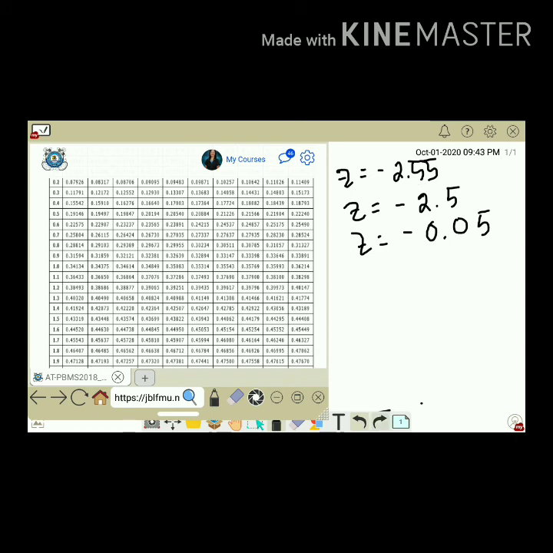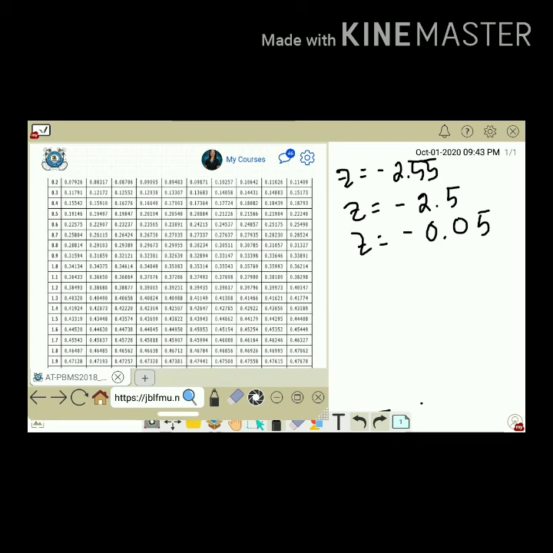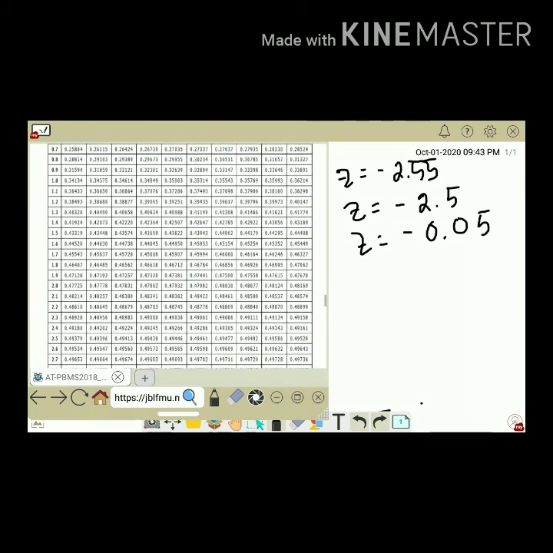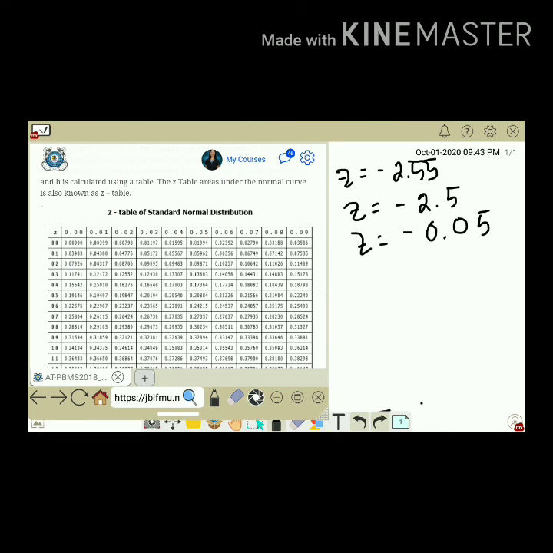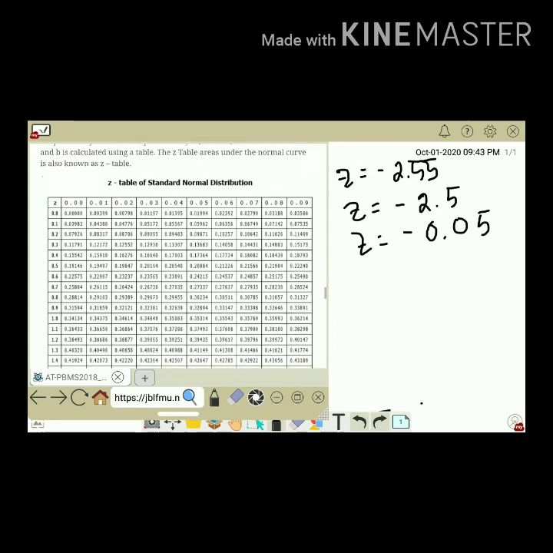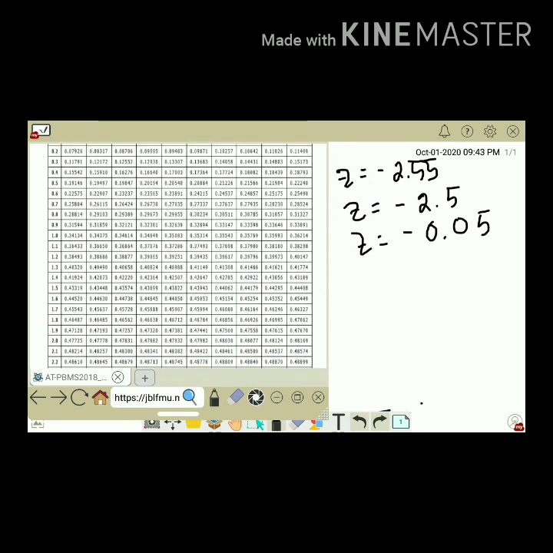Okay, so we have here 2.5 that is given by this value, and then 0.05, this part. Going down, of course.